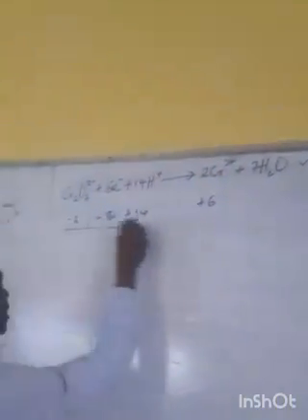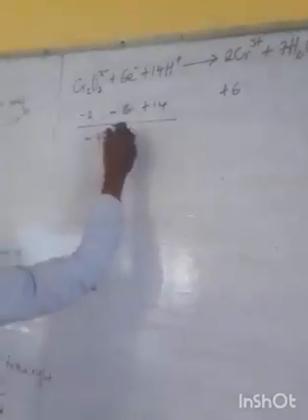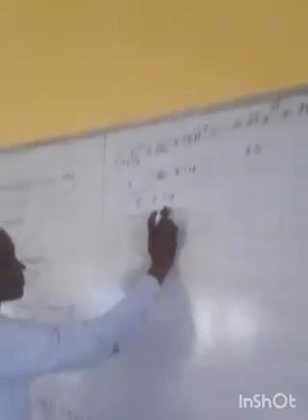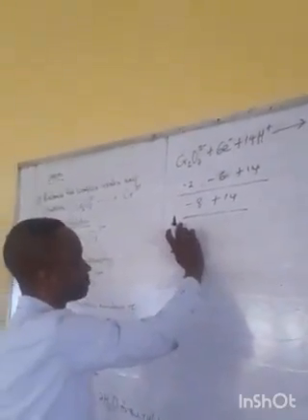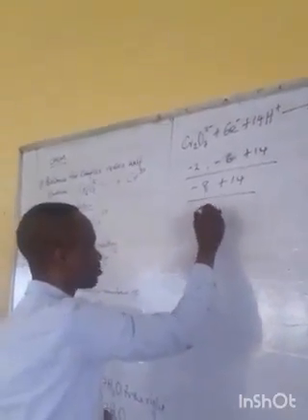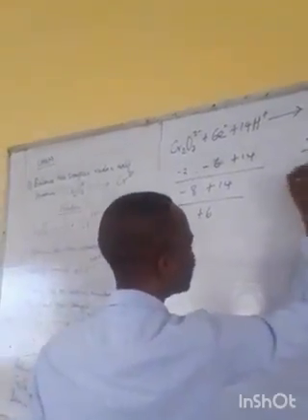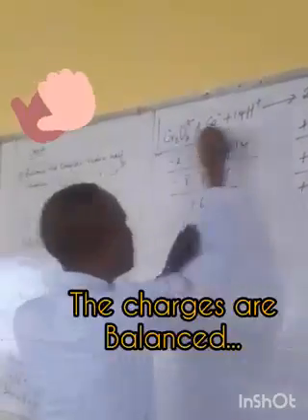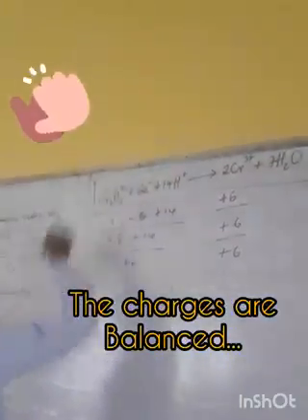Good. We now add the charges. Minus 2 minus 6 is minus 8, plus 14. That is 14 minus 8, 6. And here we have plus 6. The charges are balanced. So this is the balanced equation.